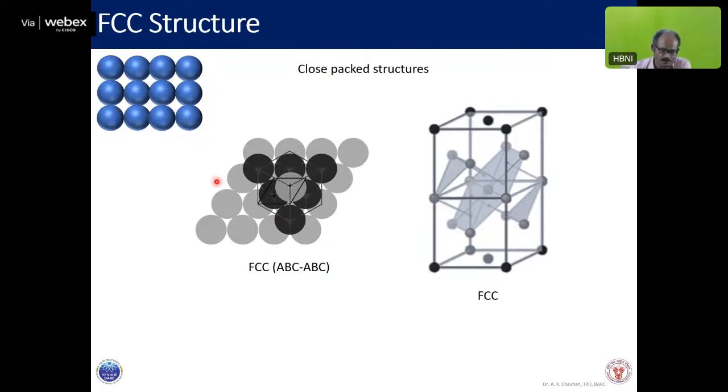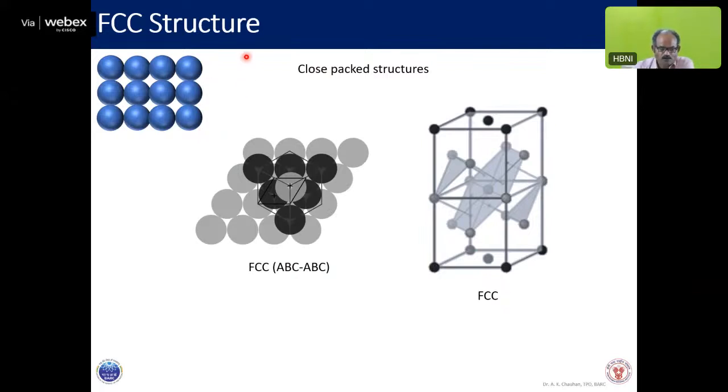When they crystallize, the spheres try to become as close as possible. So this is the first ideal layer of any material when it becomes solidified.